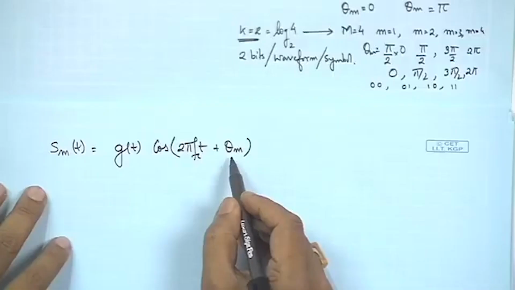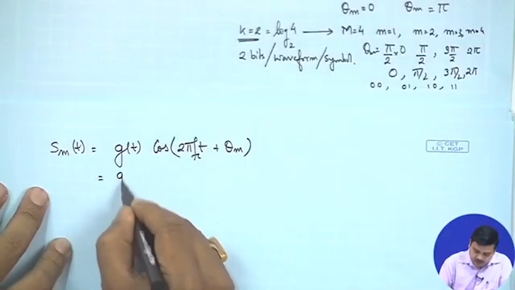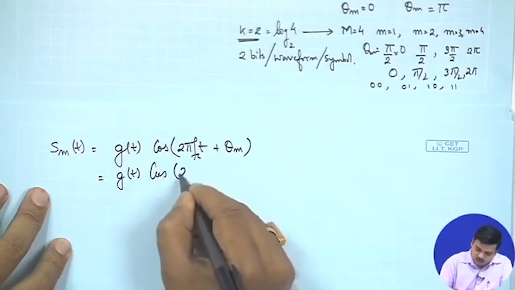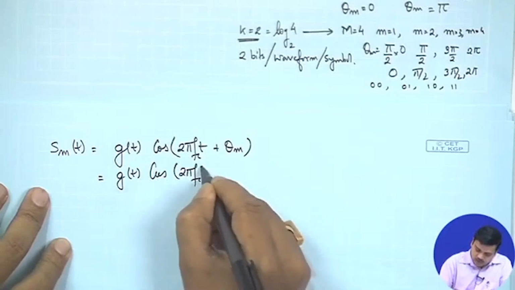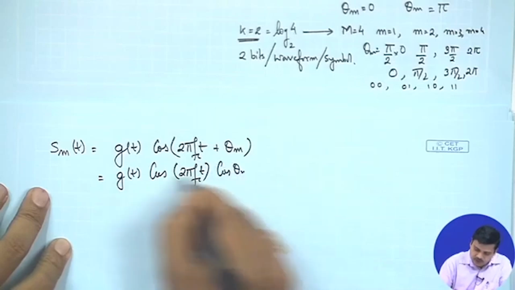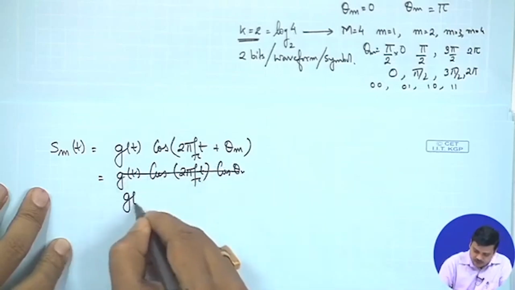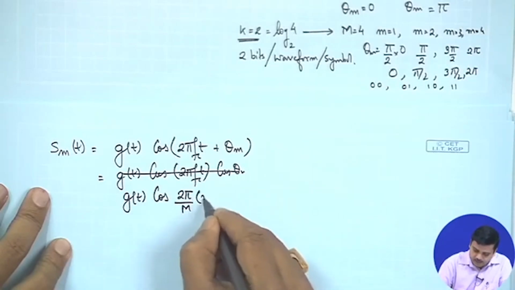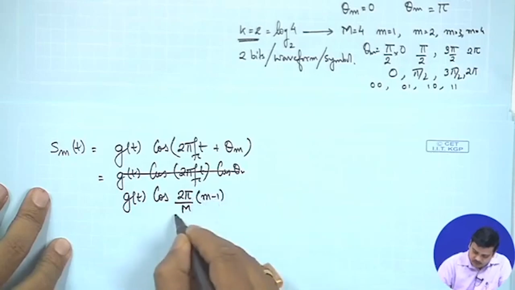So, getting back to this expression, you could write this as g of t cos 2 pi f c t times cos theta m. Rather, I would write g of t cos 2 pi upon m times m minus 1.